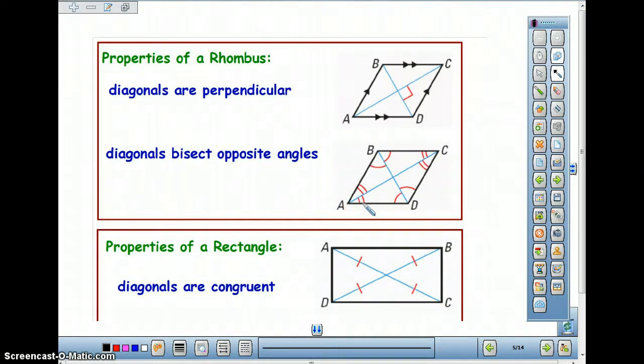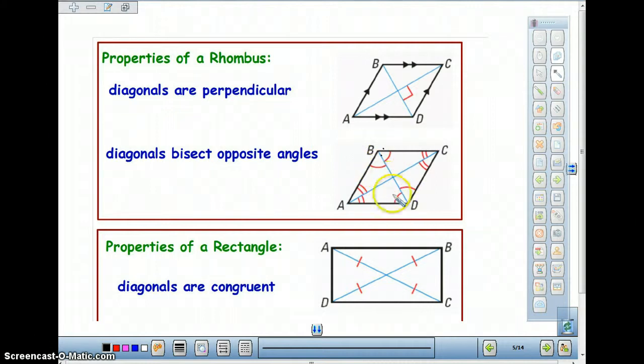Okay, if I have a rhombus, it's going to be really important to have these properties in front of you when you do your assignment today, because when I'm talking about properties of rhombuses, now I have 90-degree angles at my diagonals. So my diagonals are going to be perpendicular. So these 4 angles right here are all going to be 90 degrees. They also bisect opposite angles.